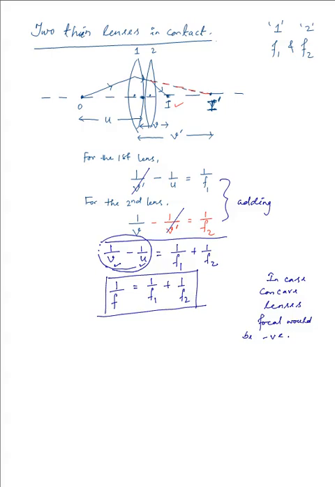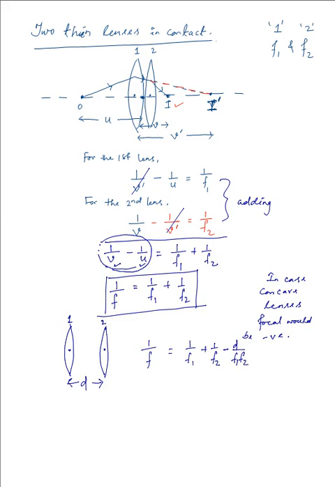Now if we are considering the two lenses and they are separated by a certain distance, let's say this is the first lens and this is the second lens, and they are separated by a certain distance, let us say d, then with the distance taken into consideration, we have the equivalent focal length as 1 over f equal to 1 over f1 plus 1 over f2, that is there, but we also have a factor d where we have negative of d over f1 times f2.